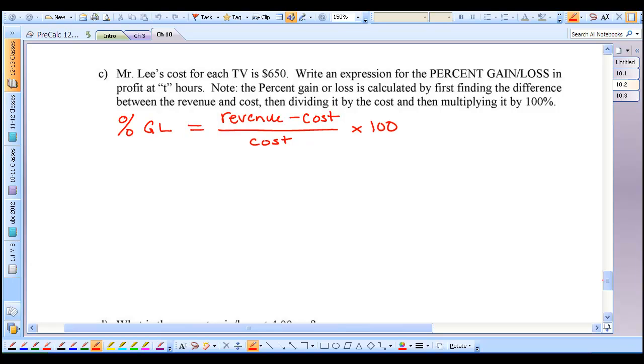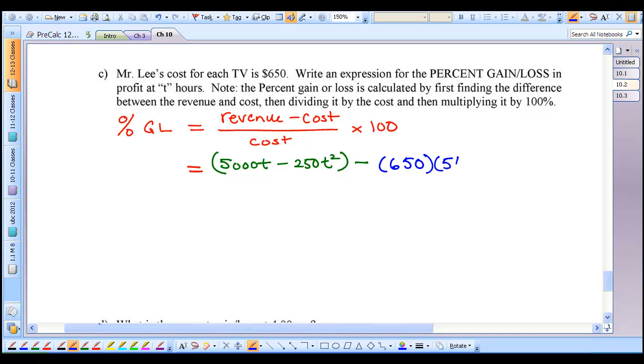So let's go ahead and calculate this. Revenue, I know from above, right? We got that equation, 5,000T minus 250T squared, minus cost. What's cost? Cost is $650, but it's $650 for each TV. So that's $650 for one, but how many TVs am I selling?